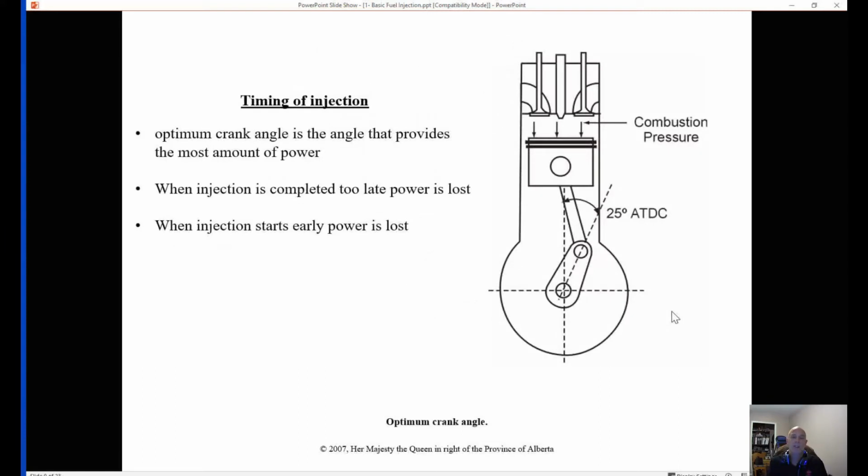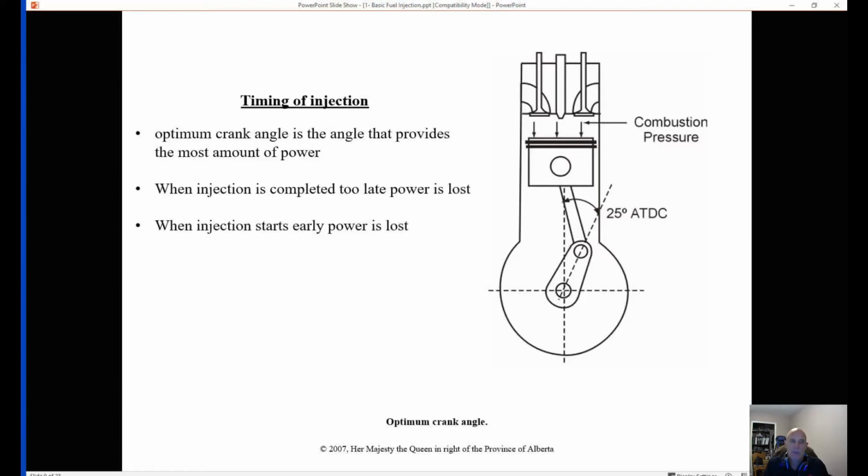So timing of the injection is really important. So if we take a look at what are the optimum crank angles. So again, we know what bottom dead center is, top dead center, before top dead center, after top dead center. So what we want to do is complete the combustion process at a certain point in the engine under all phases.